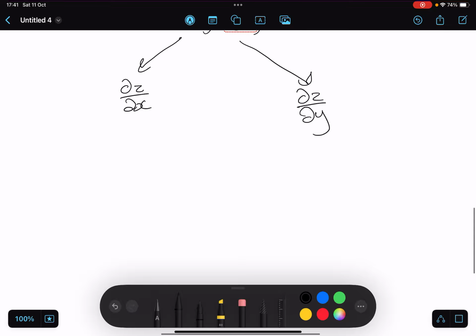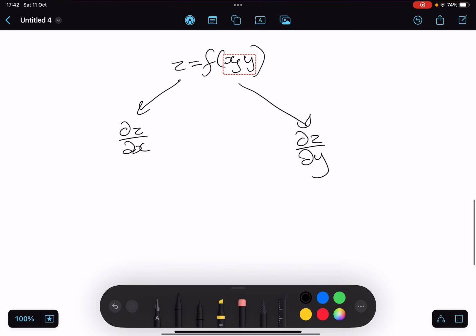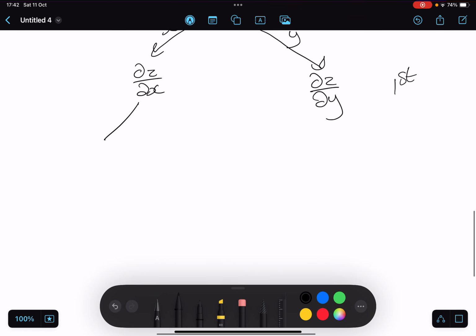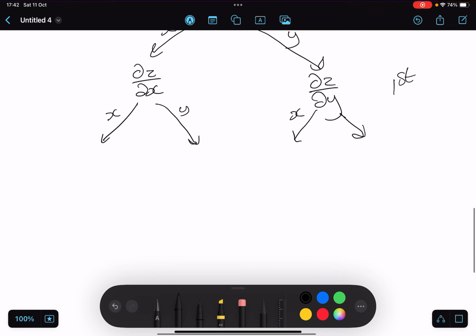This is the first derivative. When you are finding the second derivative, we are going to do the same thing again. We are going to differentiate this with respect to x, with respect to y, and the same thing here with x and with respect to y.